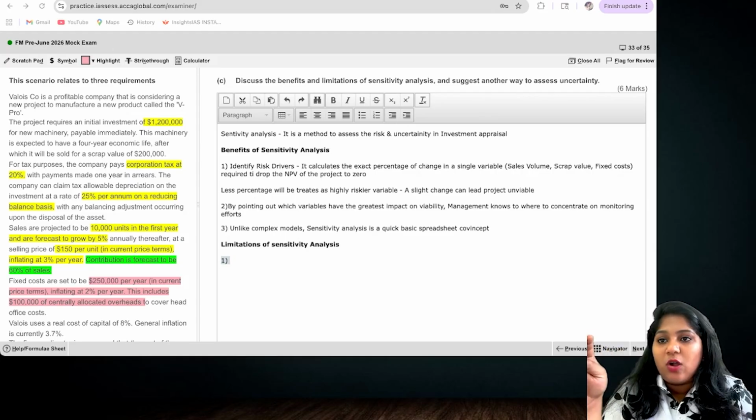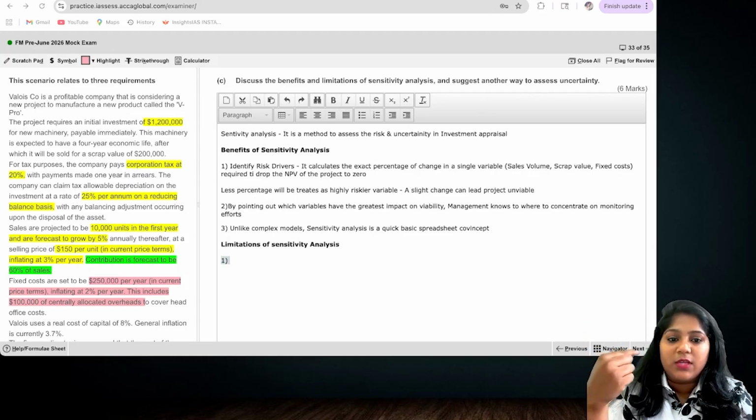See, it assumes all the factors remain constant while changing just one. Correct?